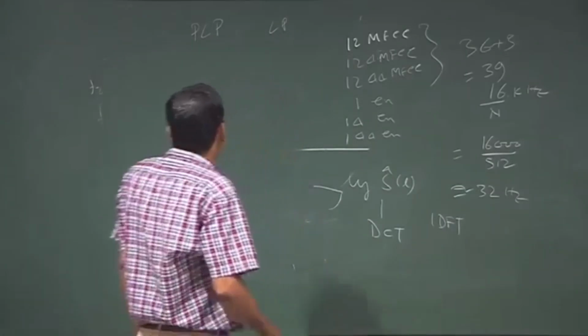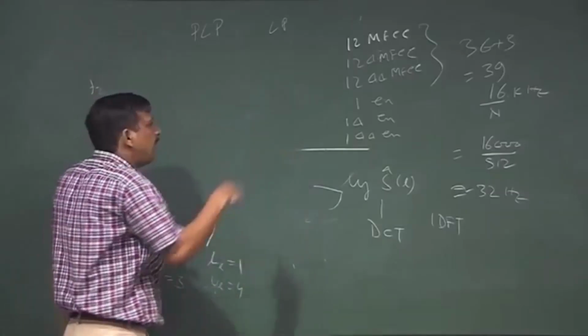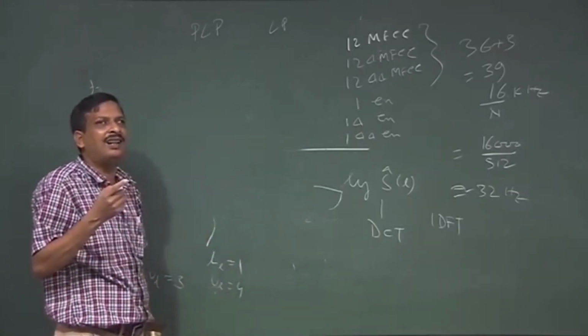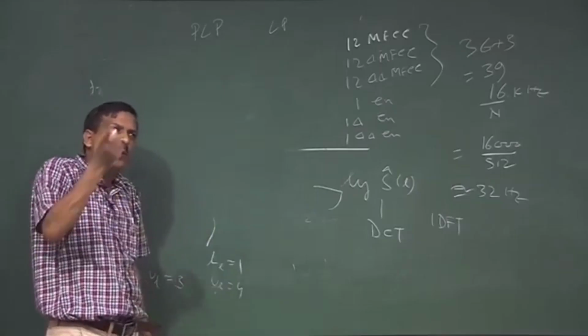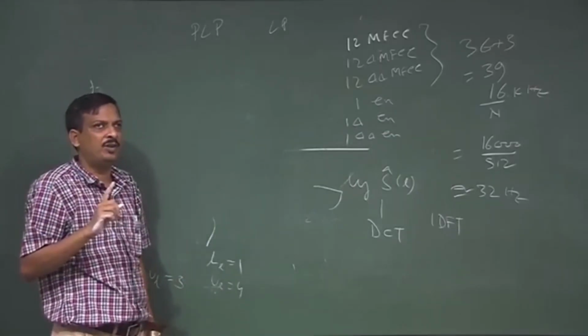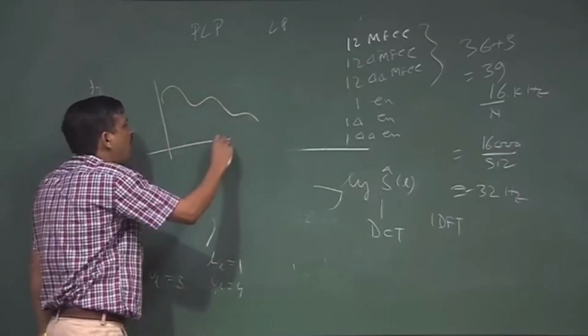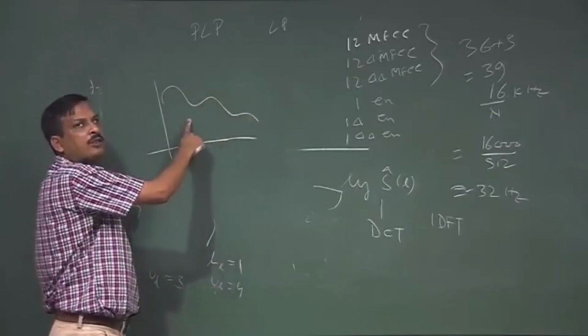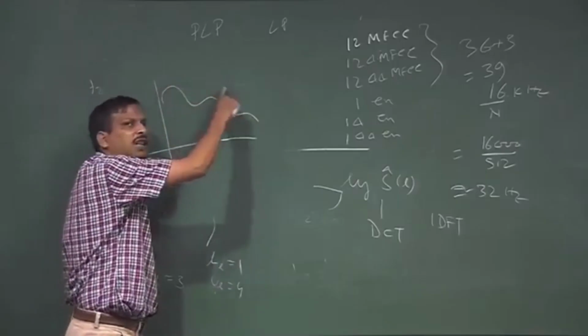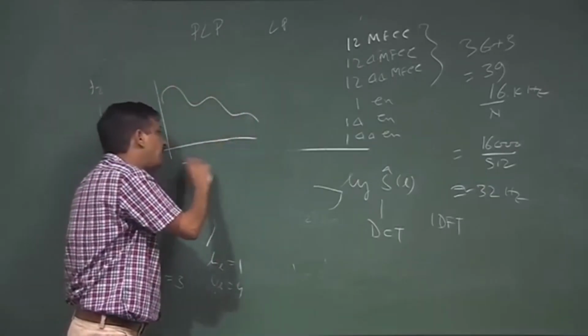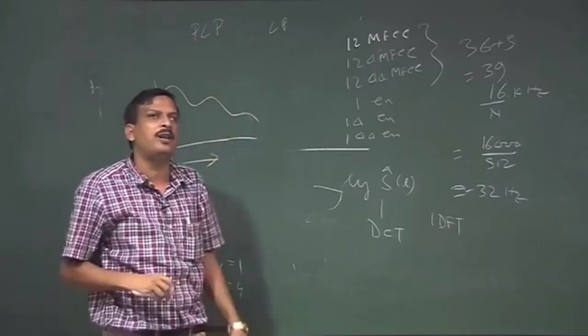What it says is that I modify my signal as per the human perception. If you see, the spectrum of the signal is not at the scale of human perception. So, I modify the spectrum of the signal as per the human perception behavior.